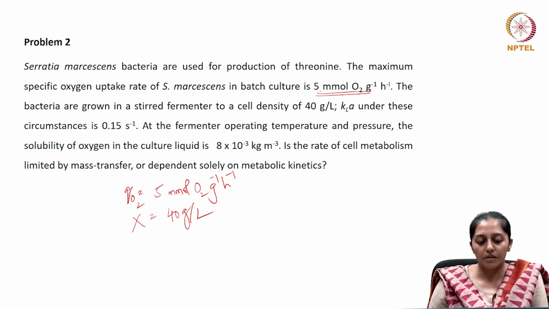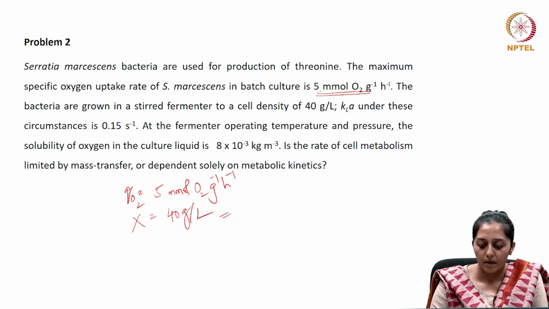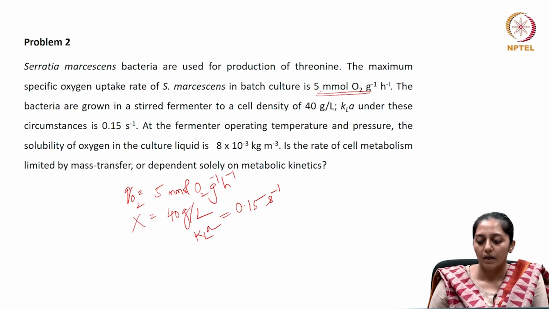Now, the volumetric mass transfer coefficient in this system is being reported as 15 seconds inverse. So, this is our volumetric mass transfer coefficient. At the operating temperature and pressure, the maximum solubility of oxygen in the liquid is 8 mg per liter.